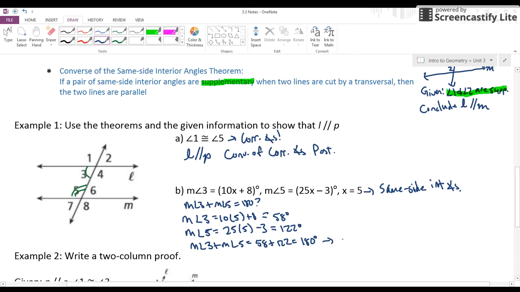So this shows that angle 3 and angle 5 are supplementary. So you want to tell me what all your work did, right? You don't want to just leave your work and say, yep, they're parallel or whatever, but tell me what that means, right? They add up to 180, therefore they are supplementary. So I can say that L is parallel to P by the converse of the same side interior angles theorem.